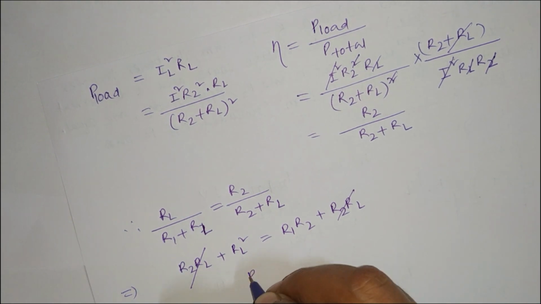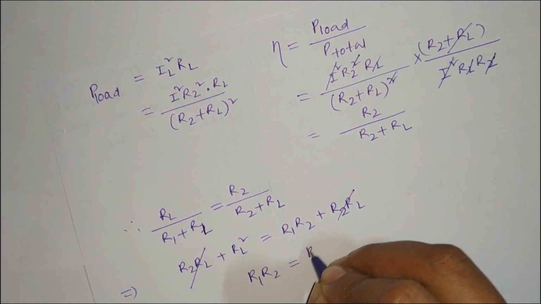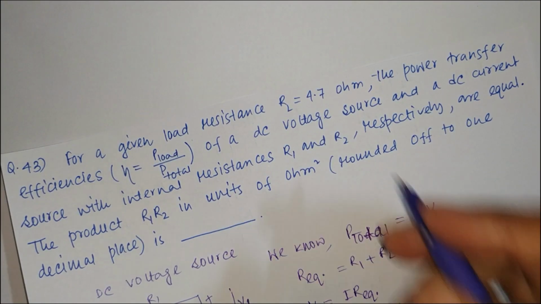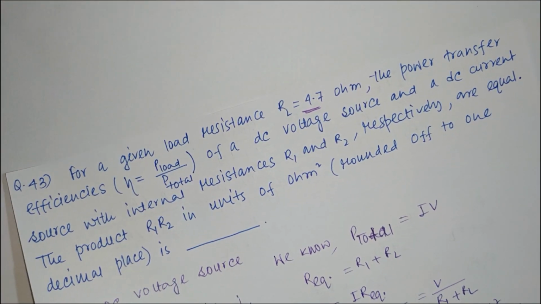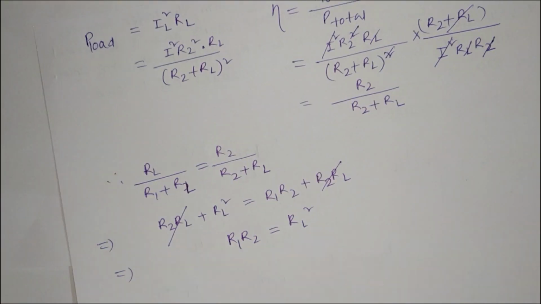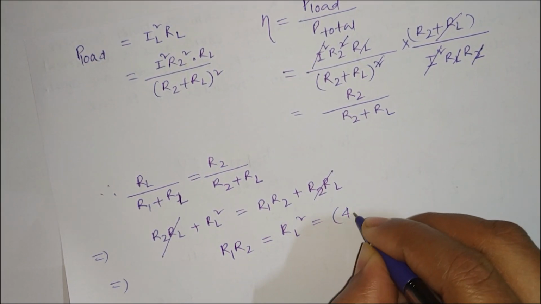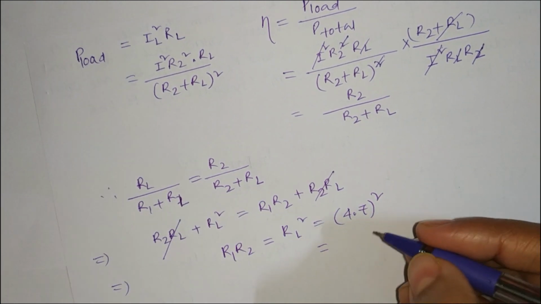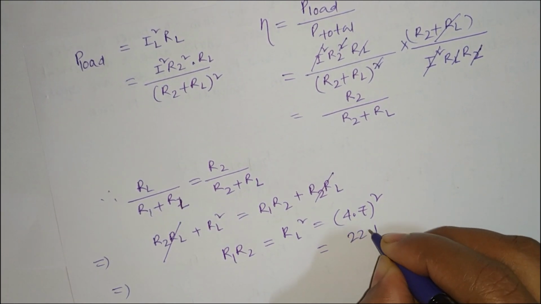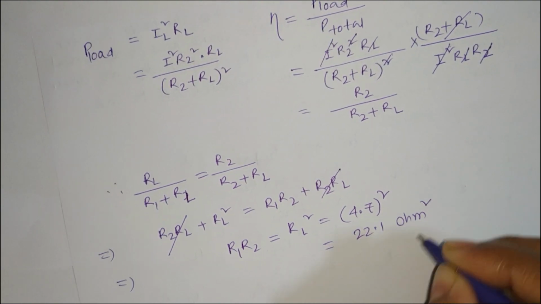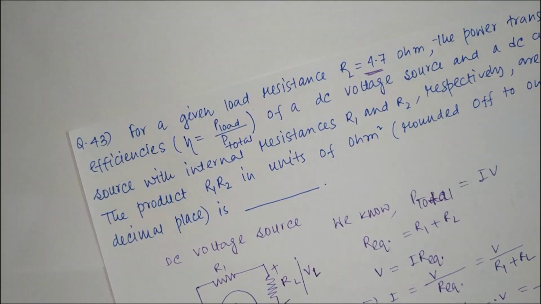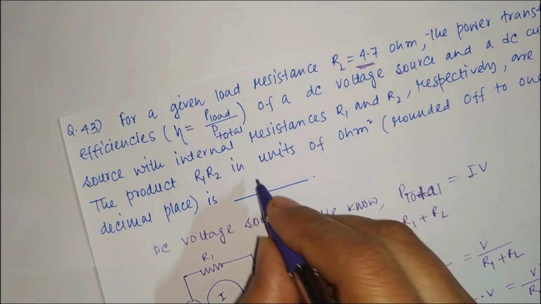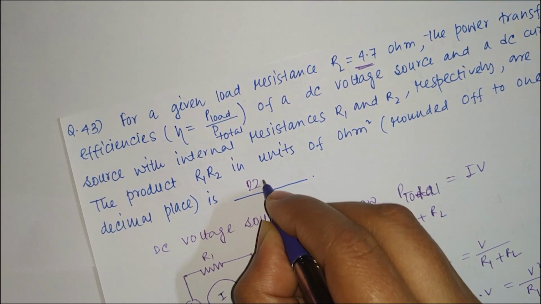So R1 R2 is RL square, and the load resistance is 4.7 ohm, which is 4.7 ohm square, which is 22.1 ohm square. So the value of R1 R2 is 22.1.